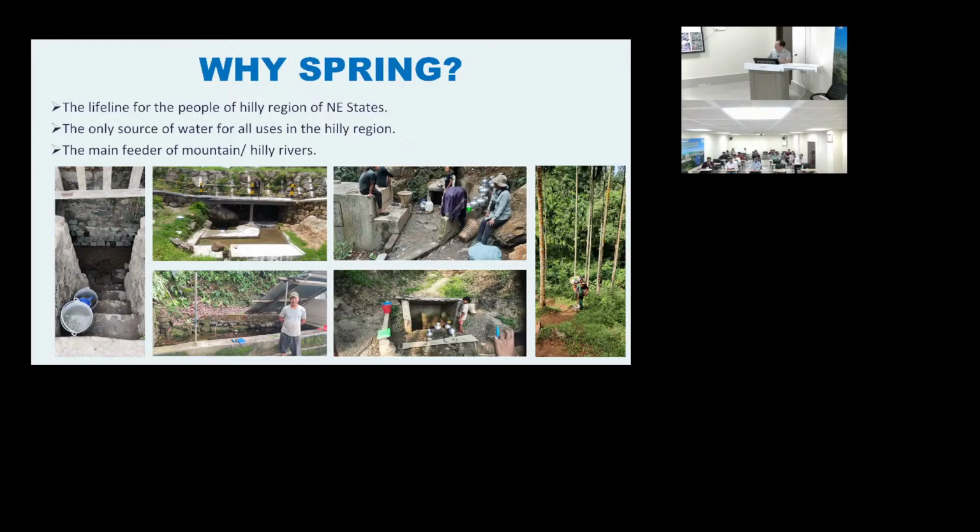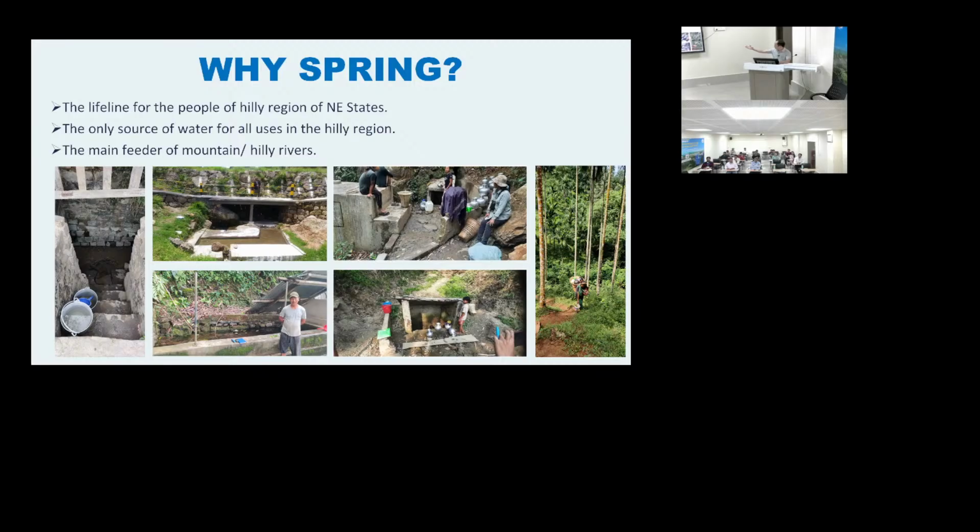It is the only source for all uses in those hilly region villages. It is also the main feeder of mountain or hilly rivers, because here in the northeastern states, except Arunachal, we don't have snow-fed rivers, so mostly they are spring-fed rivers only.